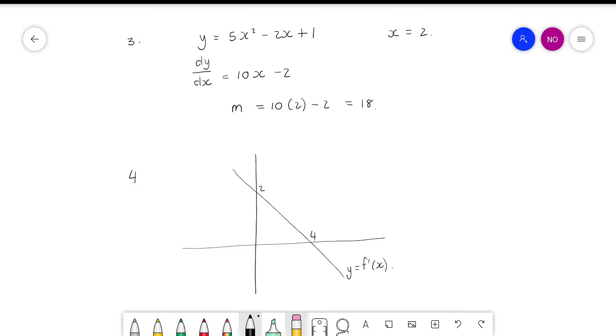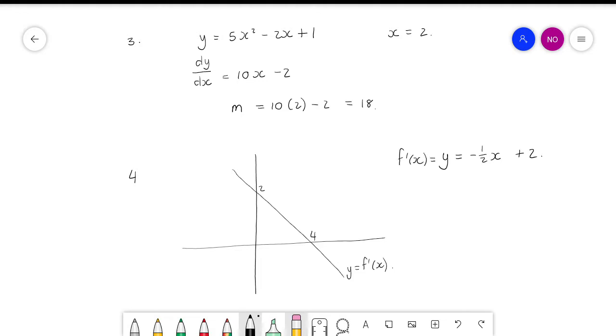Okay, stem julle saam, hierdie ene gaan wees, y is gelyk aan minus 1/2 x plus 2. That will be the equation of that graph. Stem julle saam? Okay, so sy gradiënt hierso by 0. Remember this, that gives you the gradient.